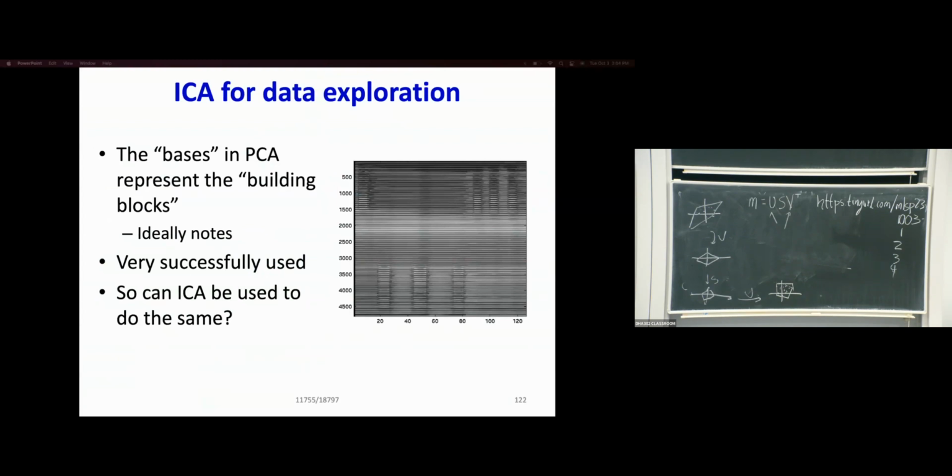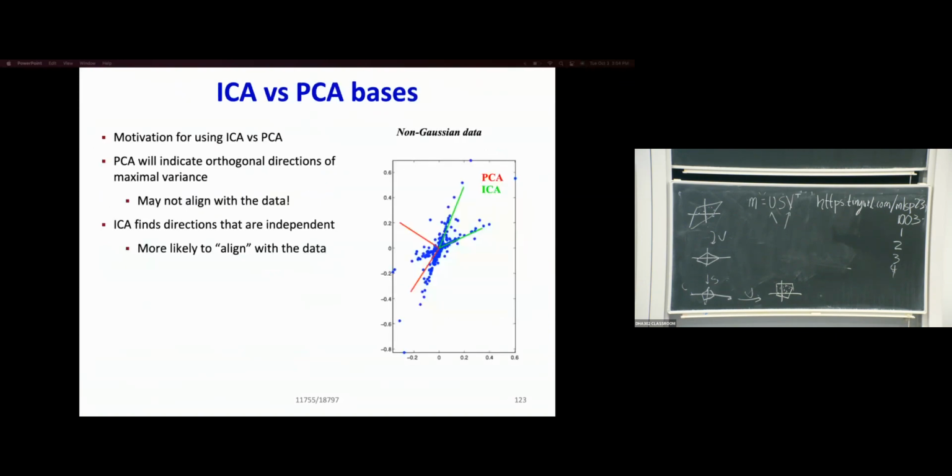So for this, bases in PCA represented the building blocks. So can we use ICA? And the answer is yes. Like I showed in that picture a while ago, PCA will find the direction of maximal variance. It'll be the red one, and it's orthogonal, right? PCA is always orthogonal. But look at ICA, it actually finds almost like the two separate data sources. If two people are talking, they're two different data, right?